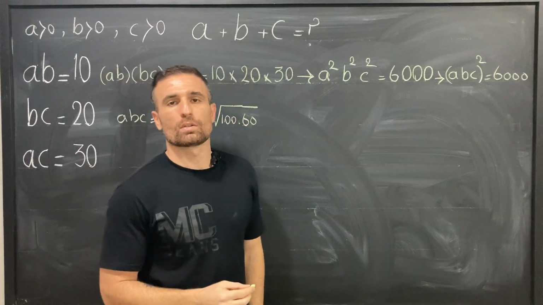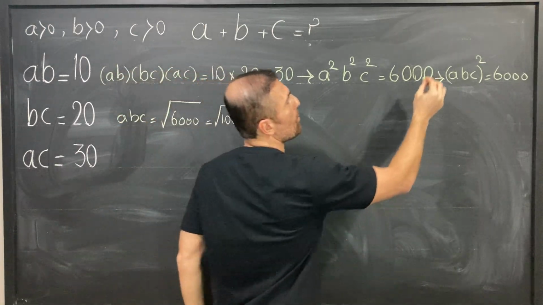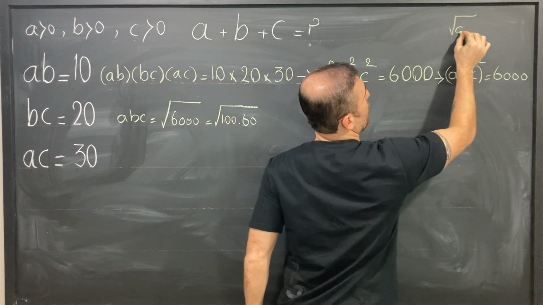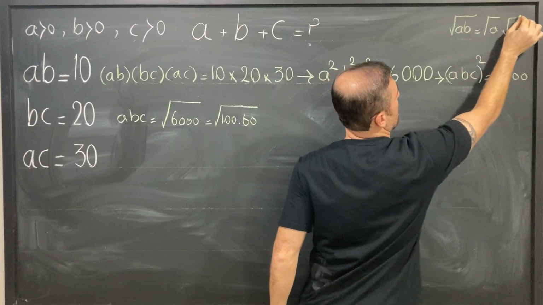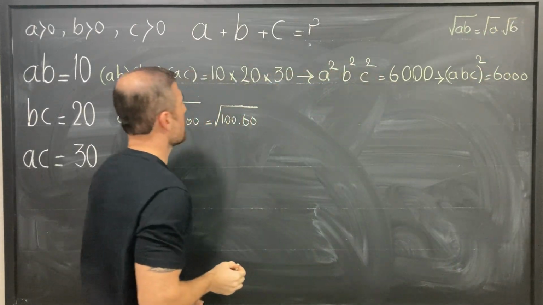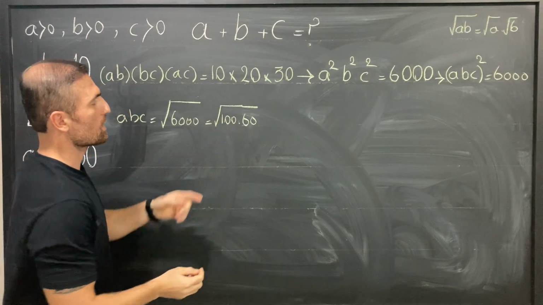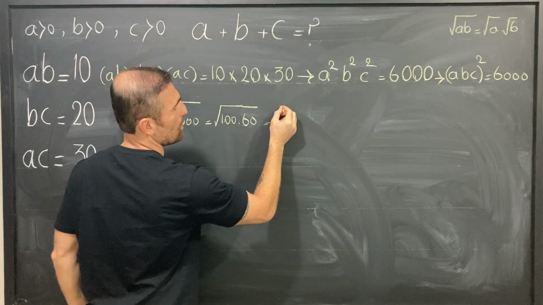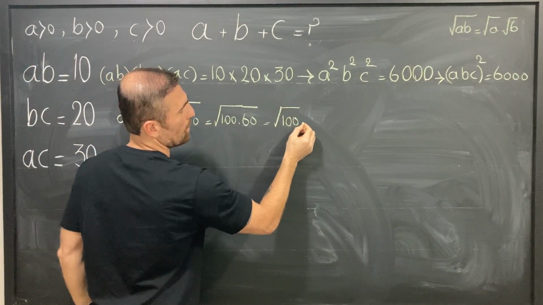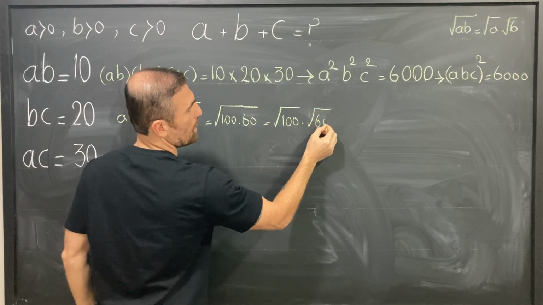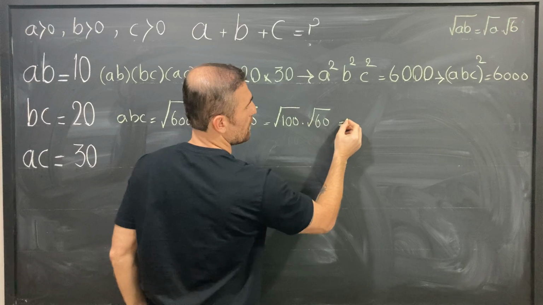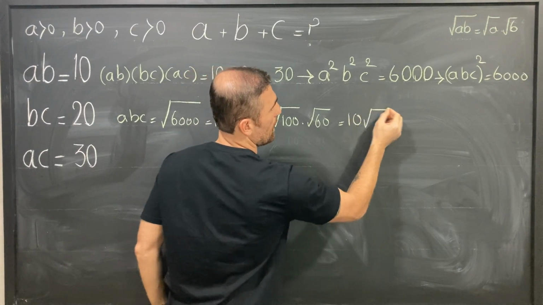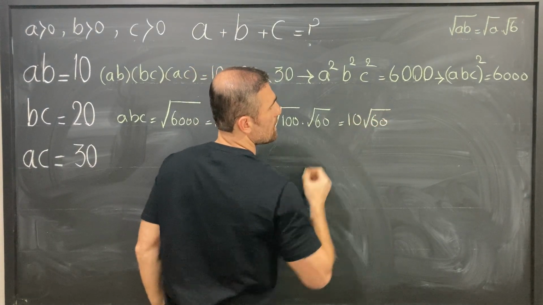Now I'm going to use a math rule that says square root of a times b is the same as square root of a times square root of b. So square root of 100 times 60 can be written as square root of 100 times square root of 60. What is square root of 100? 10. So it's going to be 10 times square root of 60.